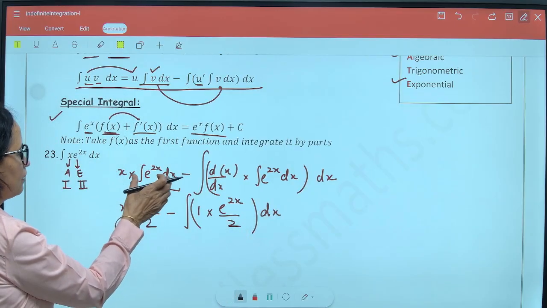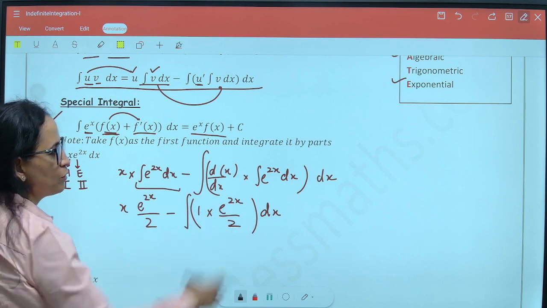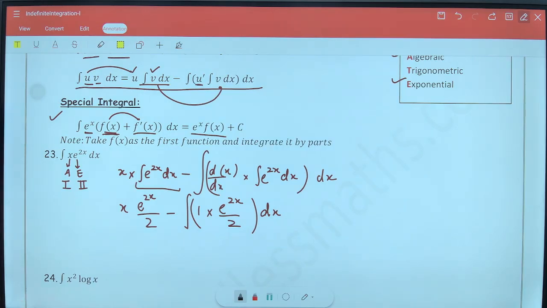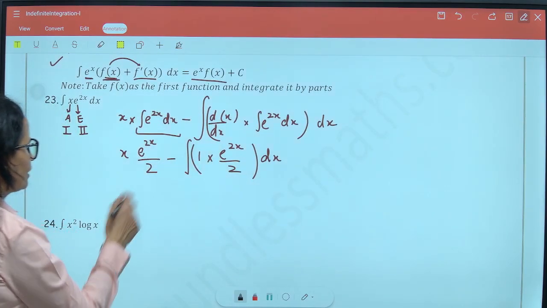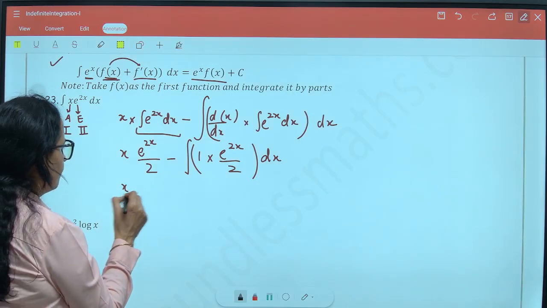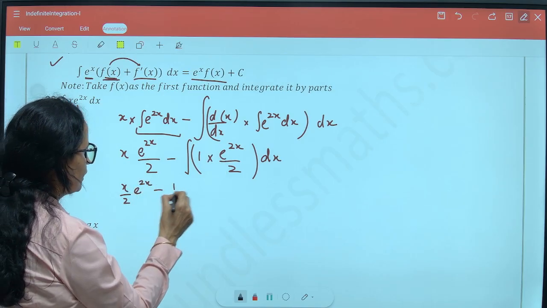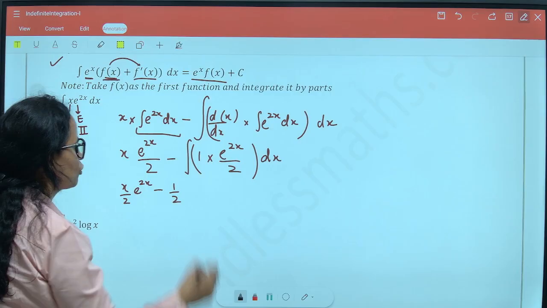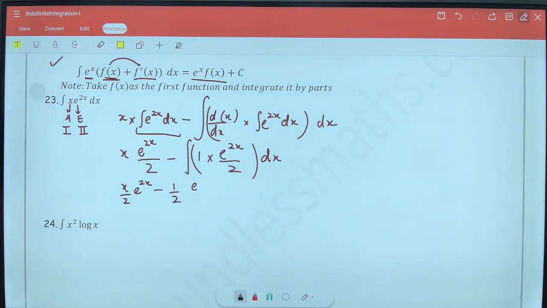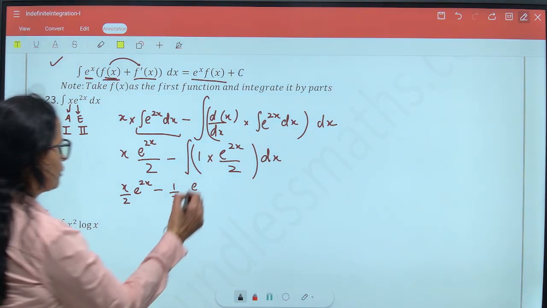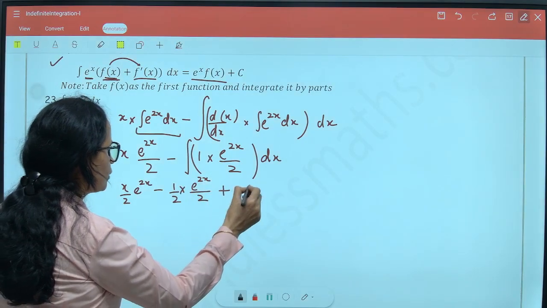Now here you have done integration once, so you will get one constant. There is no need to include multiple constants. In the end we can just put one constant when we get rid of all the integral signs. So what is the integral of this? x by 2 e raised to power 2x minus, taking 1 by 2 out, integral of e raised to power 2x, which is e raised to power 2x upon 2 again, plus the constant of integration.